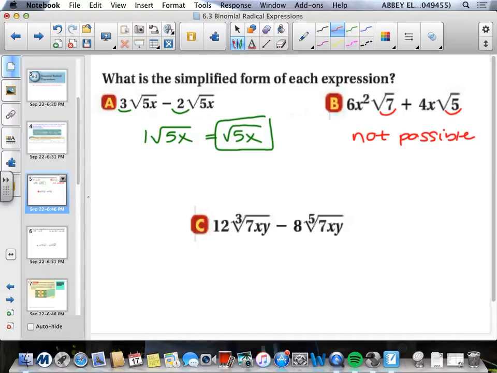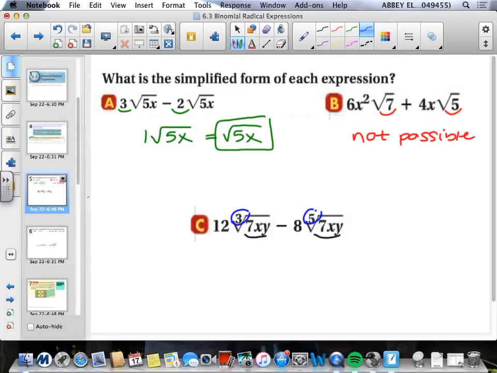So I will leave you to do C on your own. As you notice on C, you should see that the radicands are the exact same, but something that sticks out here is my index number.